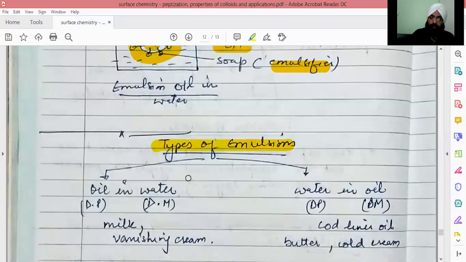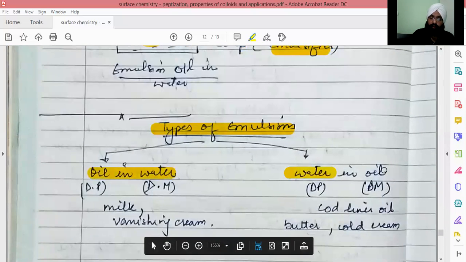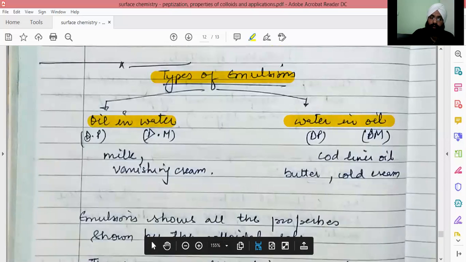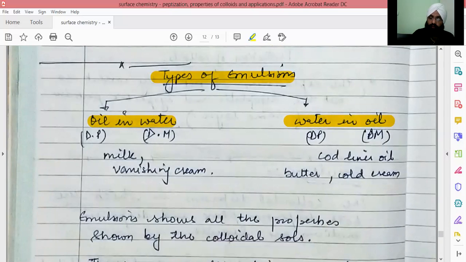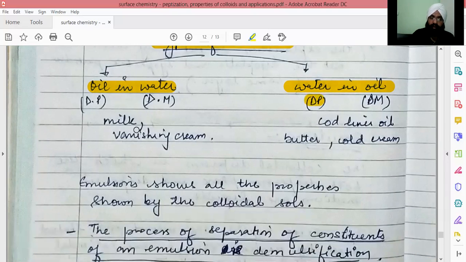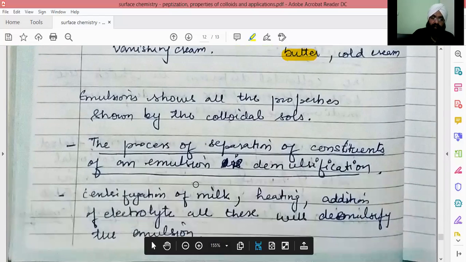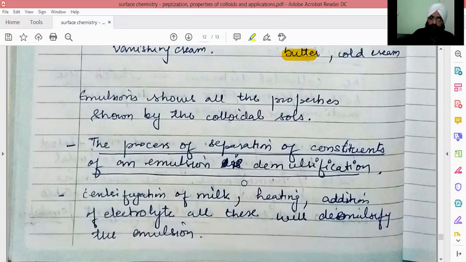There are two types of emulsions, oil in water and water in oil. In oil in water, water is the dispersion medium; in water in oil, oil is the dispersion medium. Milk is an example of oil in water. Cod liver oil, butter and cold cream are examples of water in oil. Emulsion shows all the properties of colloidal solutions, and we can get the constituents of an emulsion back by the demulsification process.